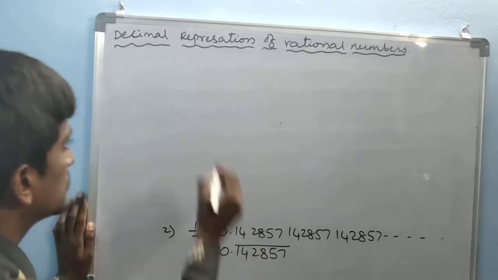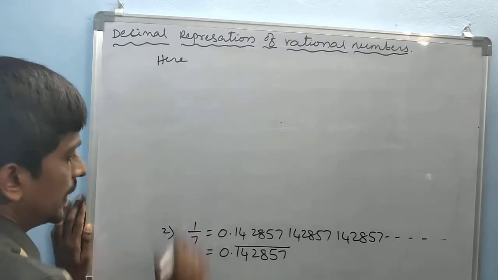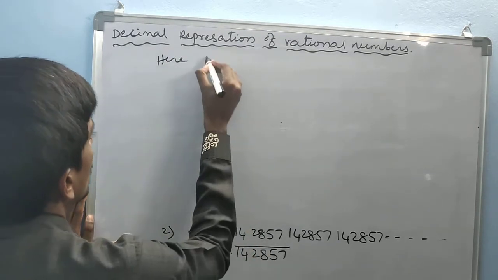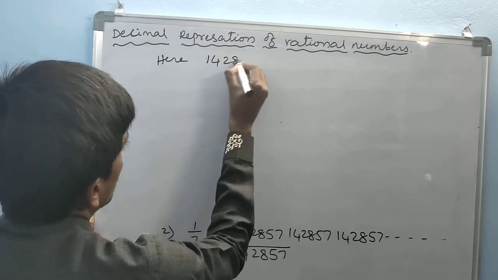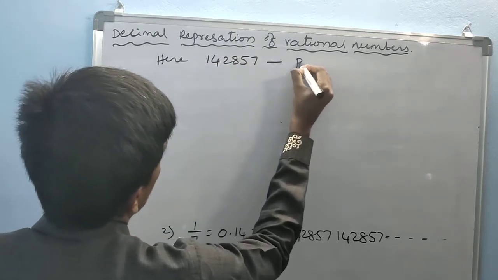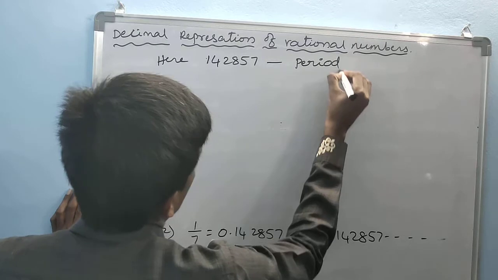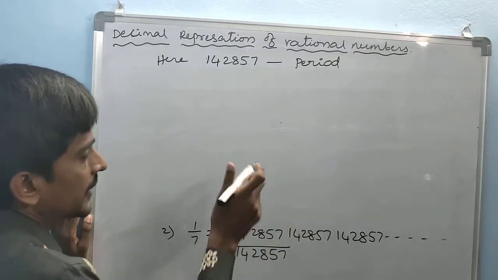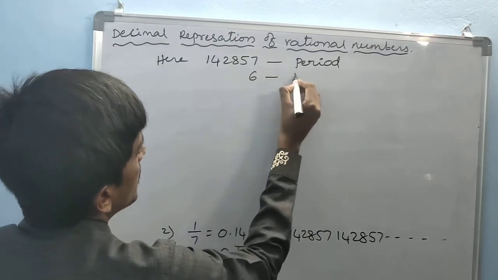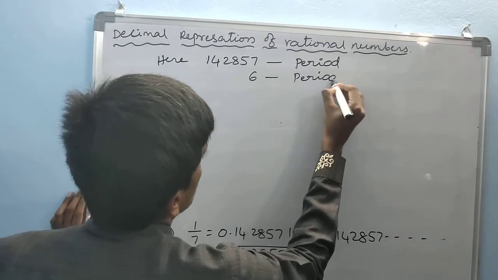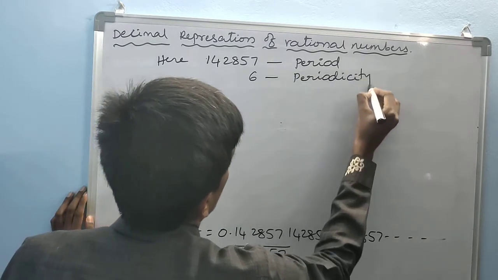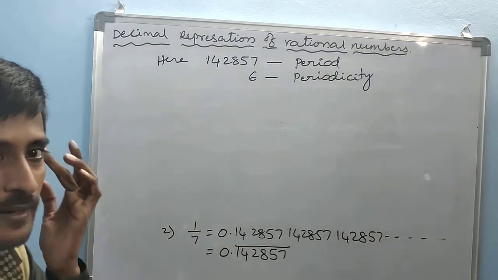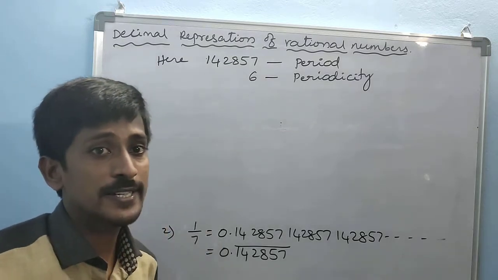Here 142857 is called the period. The total number is the period. How many digits are there? 6. 6 is called periodicity. So this is the period and periodicity.